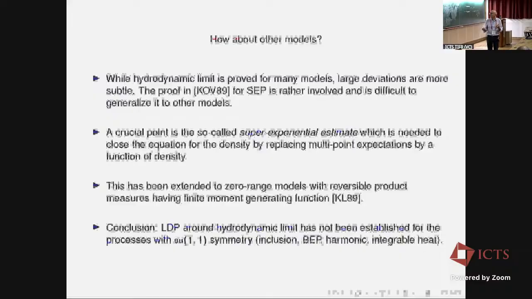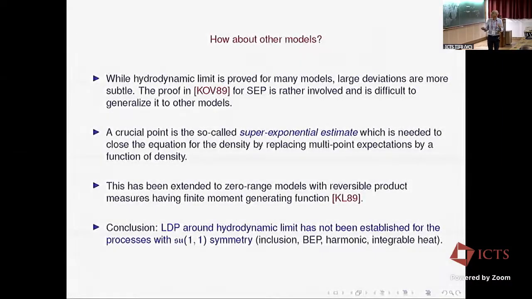In particular, there is this crucial point of the super exponential estimate, which is needed to close the equation and replace multi-point expectation by function of the density, which is not trivial at all to generalize. This has been extended to zero-range models by requiring the assumption of having a finite generating function for the reversible measure, which is finite everywhere, which is not the case for all this class of models that I discussed.